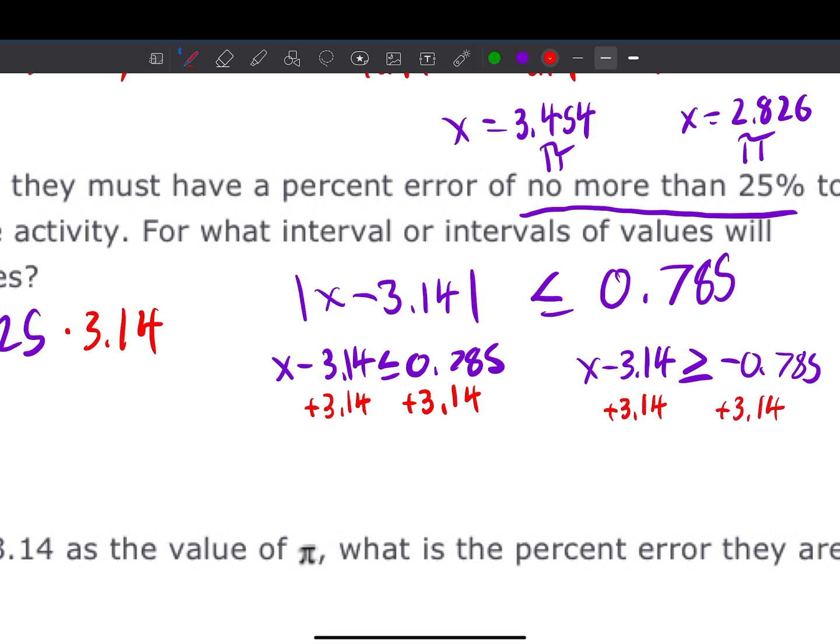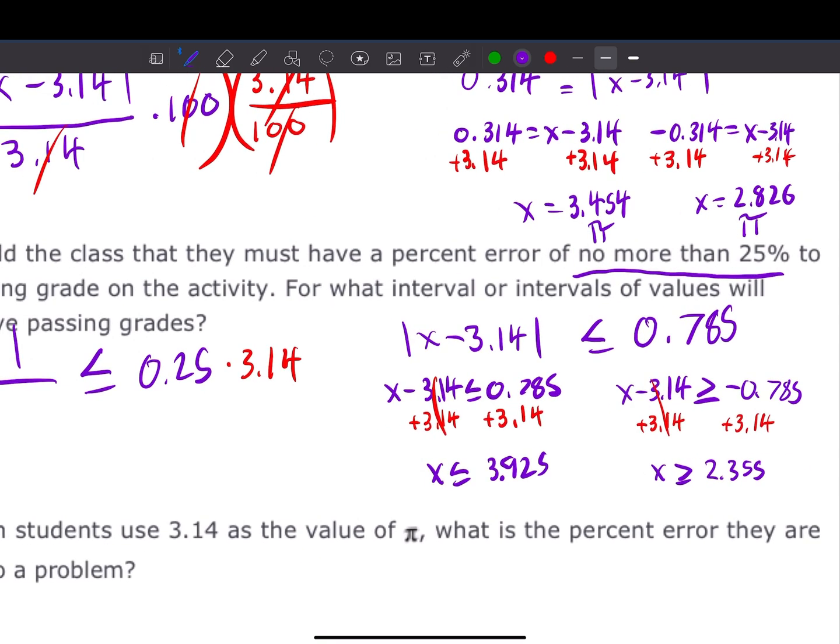And what do we get? That's gone, that's gone. X is less than or equal to something. X is greater than or equal to something. And we get 3.14 plus 0.785 is 3.925. That's a value of pi. And then 3.14 minus 0.785 is 2.355.